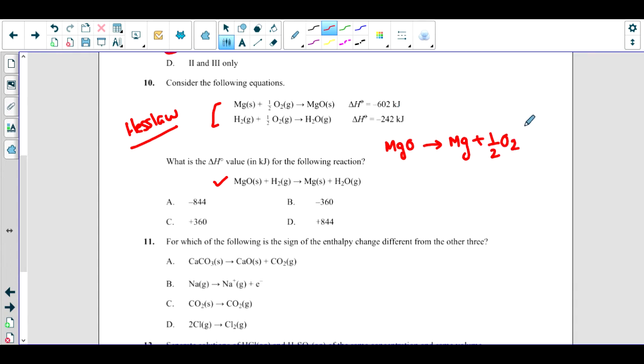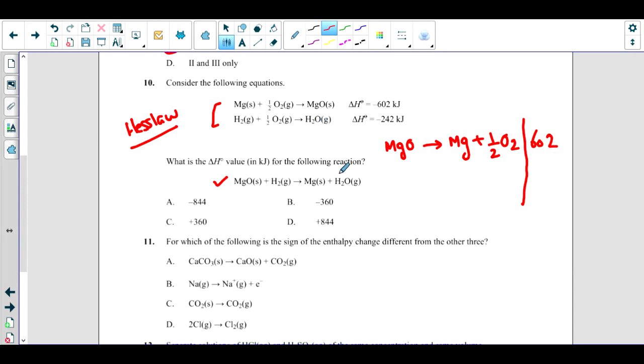We flipped it, so what will happen to the enthalpy? Enthalpy will also become positive. Here we did not times it by 2. Why? Because it's also 1 here and it also is 1 here, so no need to times it. Next thing, if you see, we have H2 plus half O2 giving us H2O here, and we need nothing specifically.